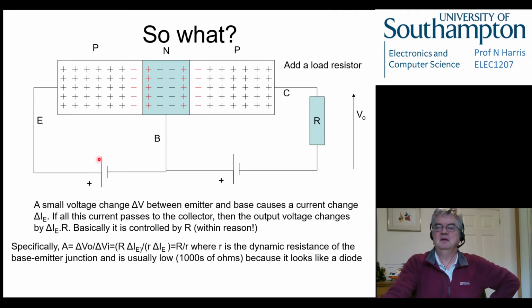So we've got delta V giving us a change in current of delta IE. If all this current passes to the collector, so any current here ends up over here, then the output voltage changes by delta IE because we've changed the current by delta IE from over here. That flows through this resistor, and that will manifest itself as a voltage change across here, which is going to be delta IE times R.